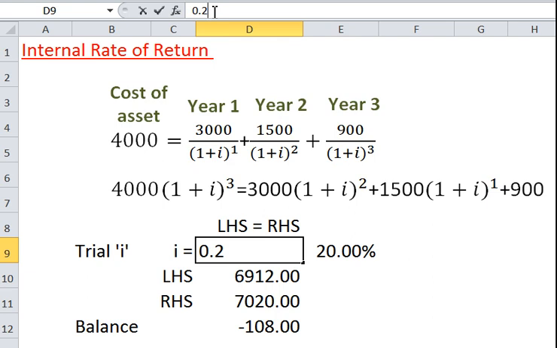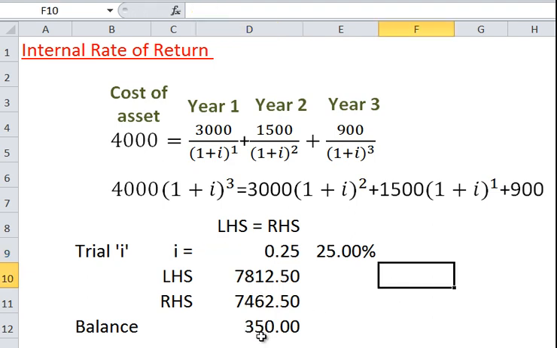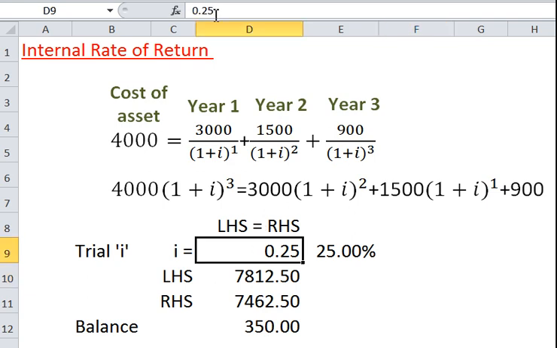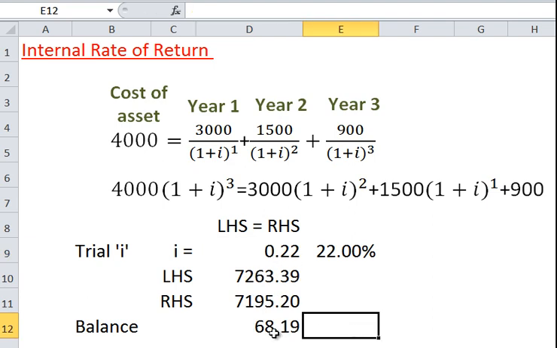So it's a bit more than 2. So let's make it 2.5. 350. So it has to be less than 2.5. 2.2. 2.2 is good. 68. So the difference between the two figures is 68.